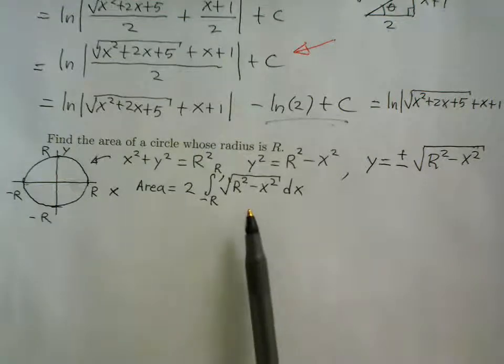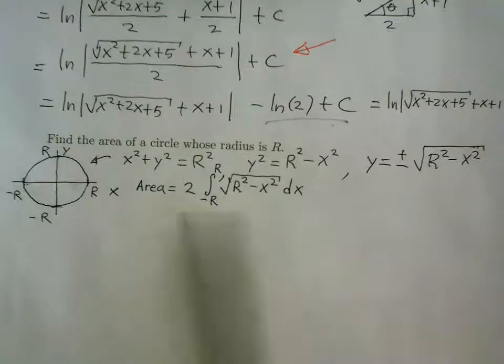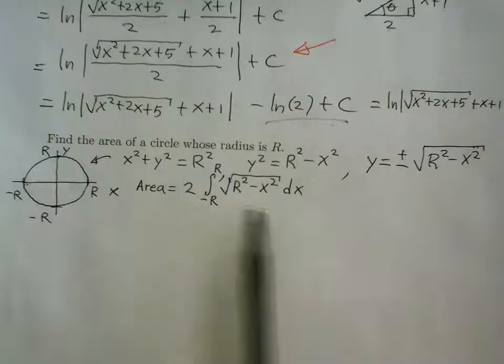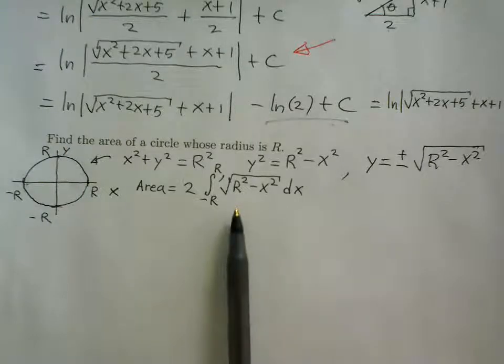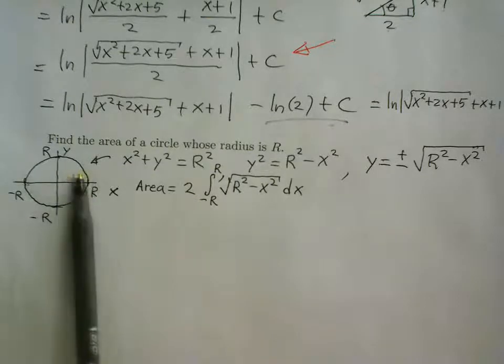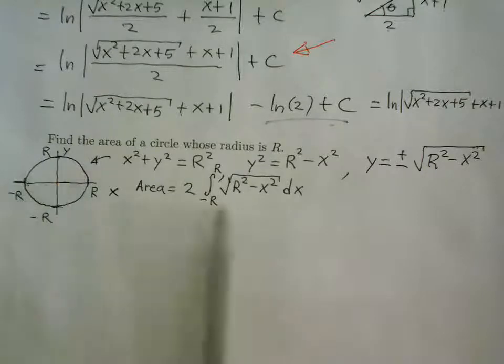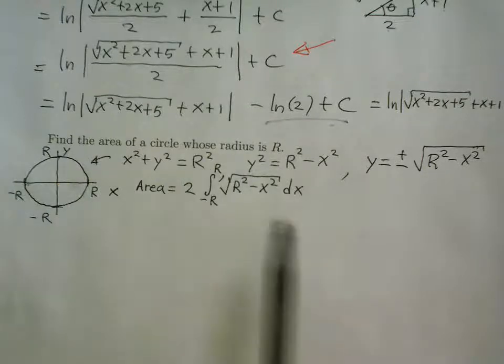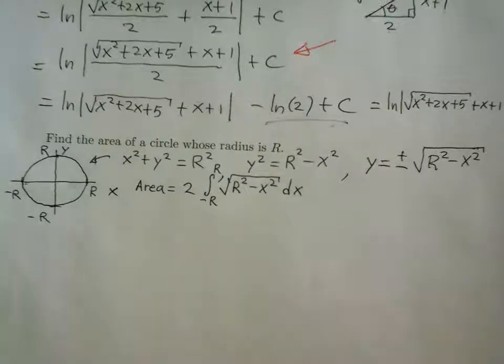Well, I'm debating with myself. There's another thing we could do that might make it a little bit easier. We could just find the area of the upper right quarter circle if we integrate from 0 to R and then just multiply that by 4. So I'll go ahead and write that down.